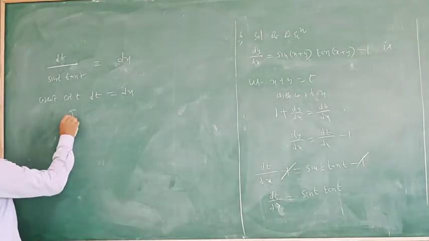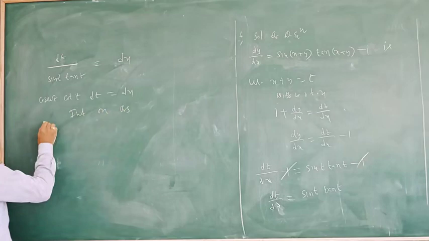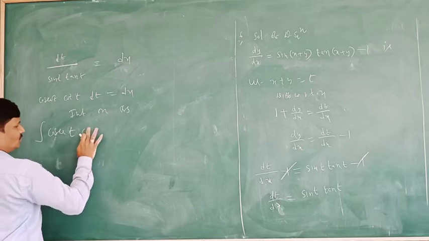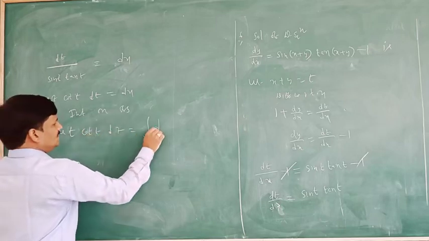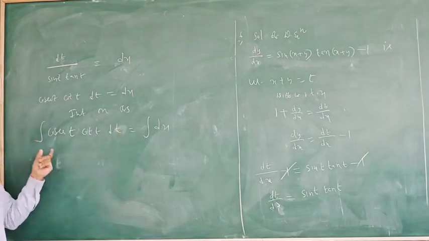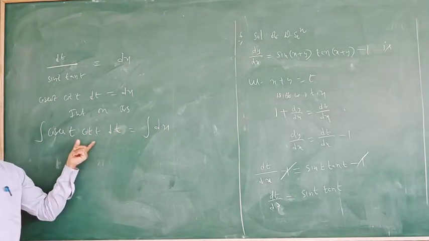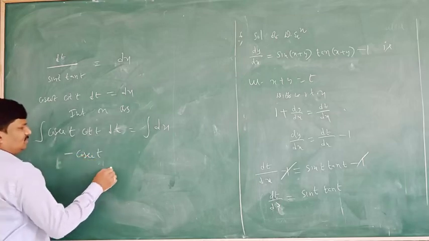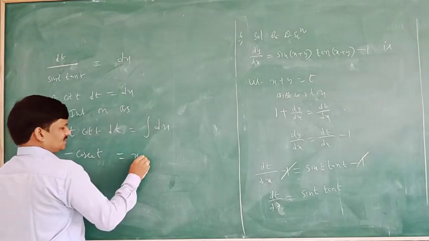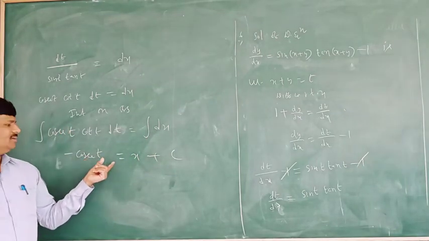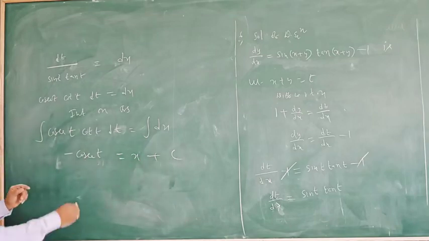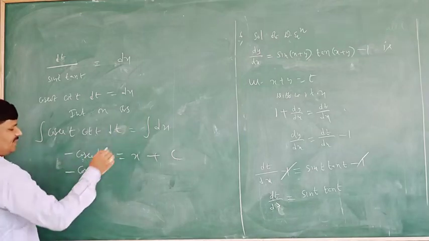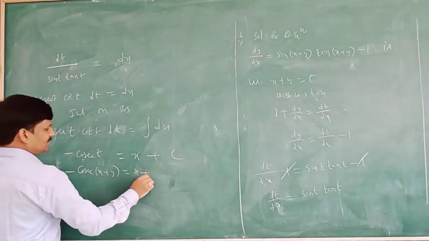Now integrate on both sides. Integral of cosecant t cot t dt is equal to integral dx. Yes or no? By the formula, the integral of cosecant t cot t dt is minus cosecant t. So minus cosecant t is equal to x plus c.